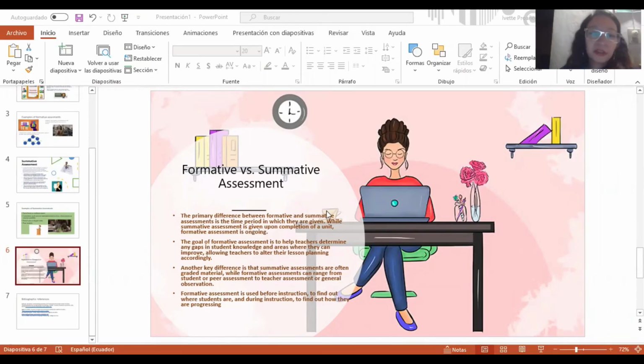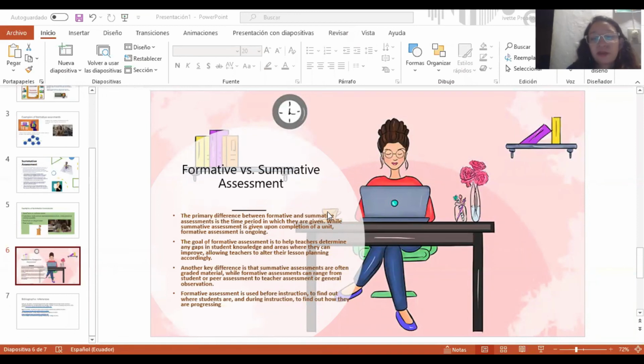In conclusion, we use formative assessment to improve instruction and provide the students feedback, while summative assessments are used to measure students' competency. We use formative assessment continuously through the lesson unit, for example, while summative assessments are used at the end of the lesson unit.